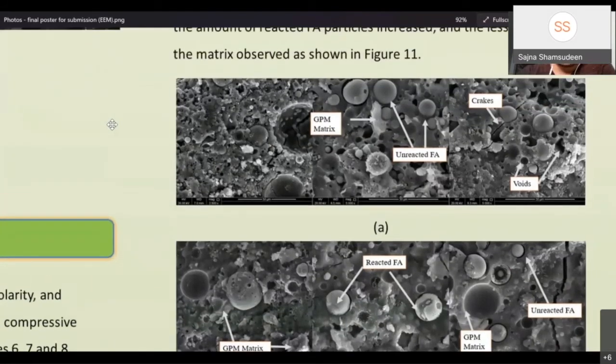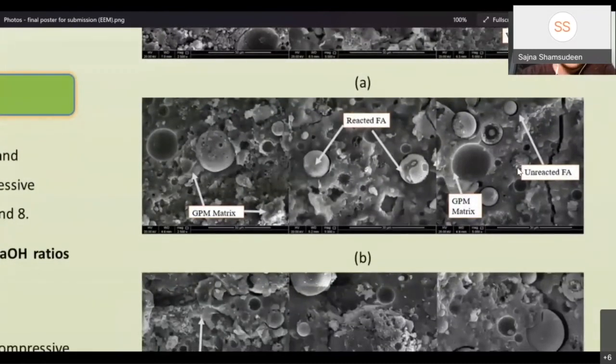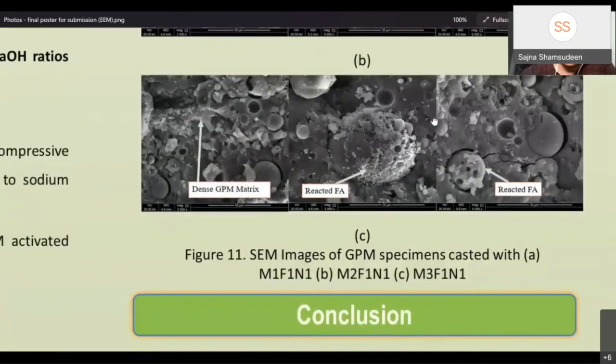As we can see here is the geopolymer matrix, and those are unreacted fly ash particles, and we can see here cracks and some voids. Moving on to higher molarity, we can see a more developed matrix with more reacted fly ash particles and some unreacted fly ash particles.